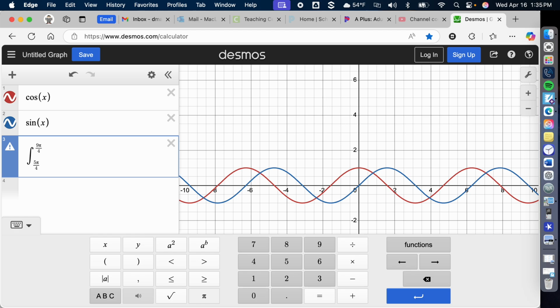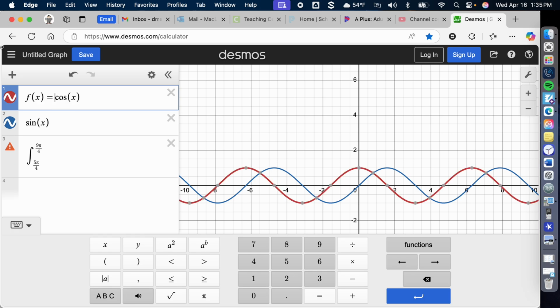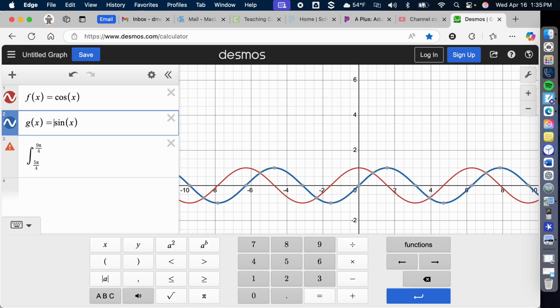And then on this one, I could have done this. I can name them. And then it should let me type f of x minus g of x. That way I don't have to keep retyping all of the info. And then I need to write dx, I believe.